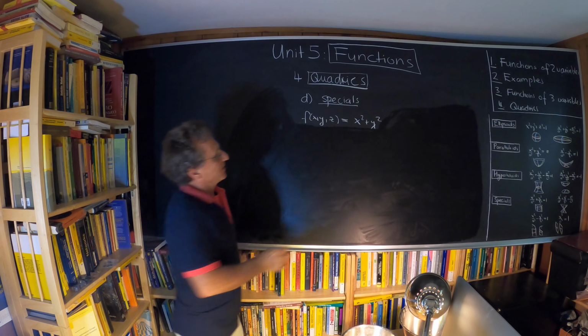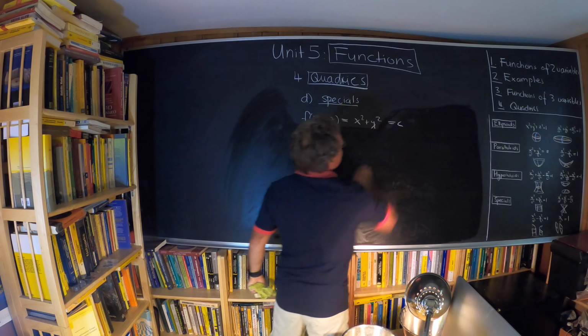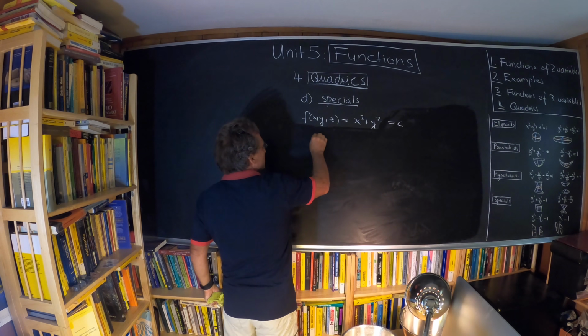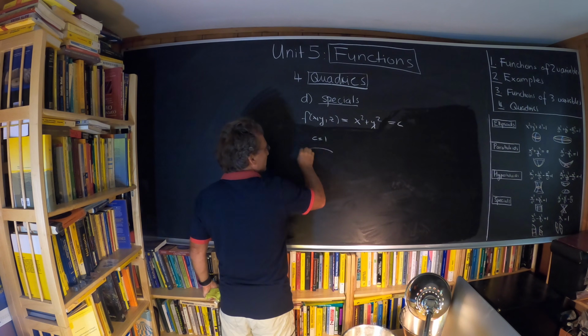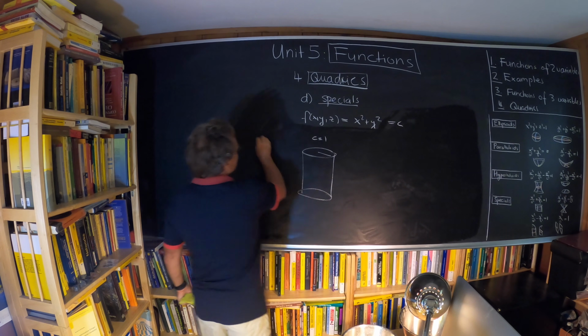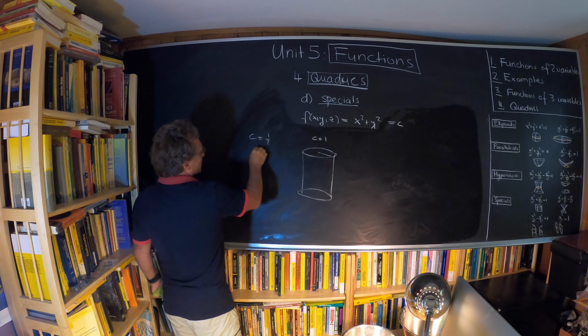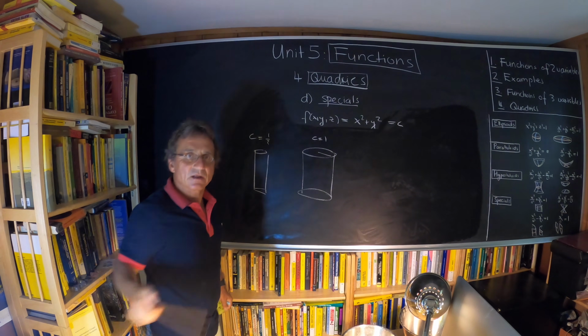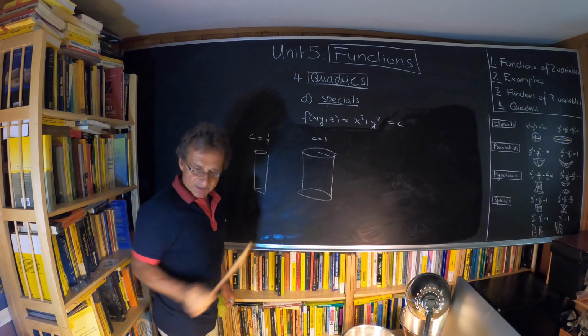Okay, if you look at the cylinder and say x squared plus y squared is equal to constant, we have already seen what happens. When c is equal to 1, we have seen there's a cylinder which has radius 1. When c is equal to 1/2, it's just a smaller cylinder, like this. These are cylinders, pipes.